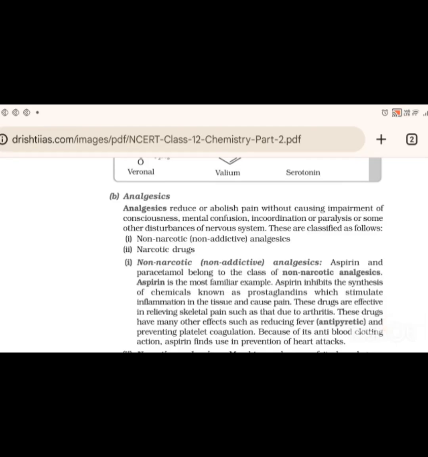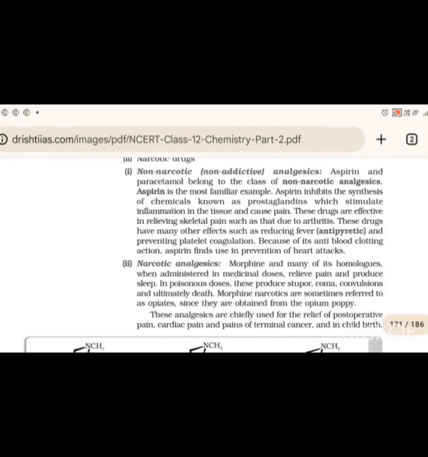disturbances of the nervous system. These are classified as follows: non-narcotic, non-addictive analgesics. Aspirin and paracetamol belong to the class of non-narcotic analgesics. Aspirin is the most familiar example. It inhibits the synthesis of chemicals known as prostaglandins, which stimulate inflammation in the tissue and cause pain.